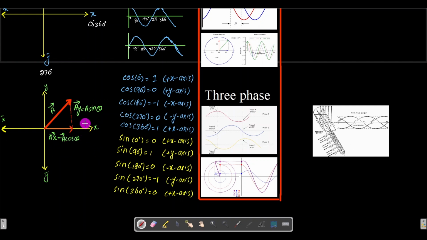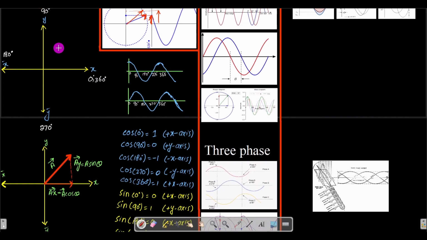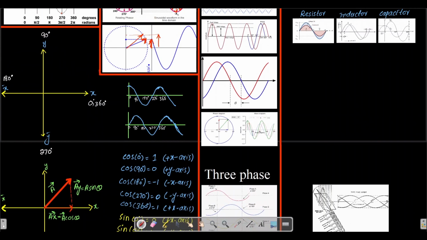Cos theta. Okay, so let's apply this cos theta on this diagram. Okay, so here we know that when the vector is in the x direction, then its cos will be maximum and its sine will be 0, because in the x axis we have cos theta and sin theta is 0.